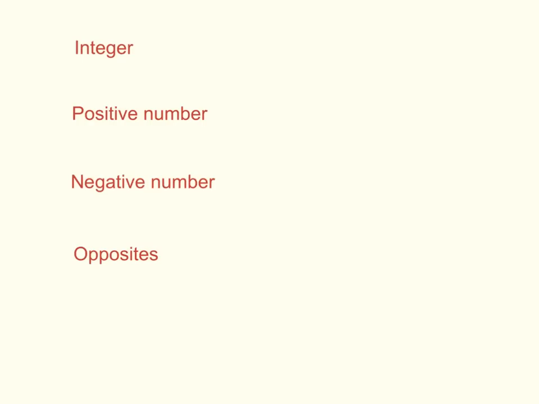All right, so the first thing, of course, the whole chapter is called integers, so we better know what an integer is. Integers are whole numbers. Make sure you realize you can put things on a number line that aren't whole numbers, but when we use the word integer, they are whole numbers and their opposites.